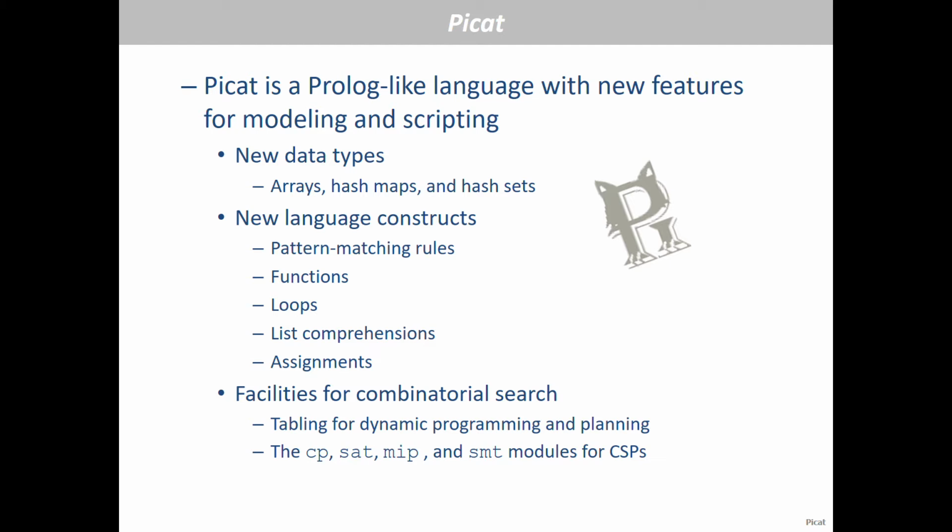It provides new language constructs for modeling and scripting, including pattern matching rules, functions, loops, list comprehensions, and assignments. It also provides facilities for solving combinatorial problems, including tabling for planning problems, and several solver modules for solving constraint satisfaction problems.